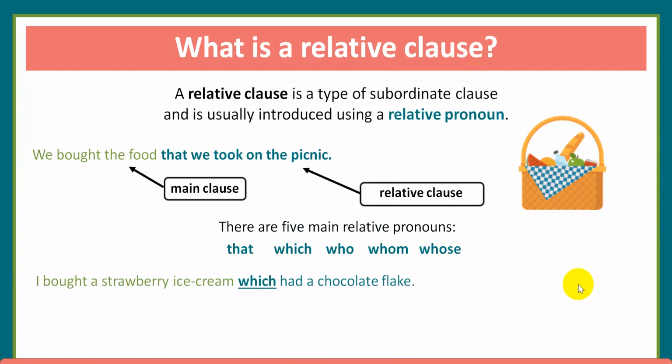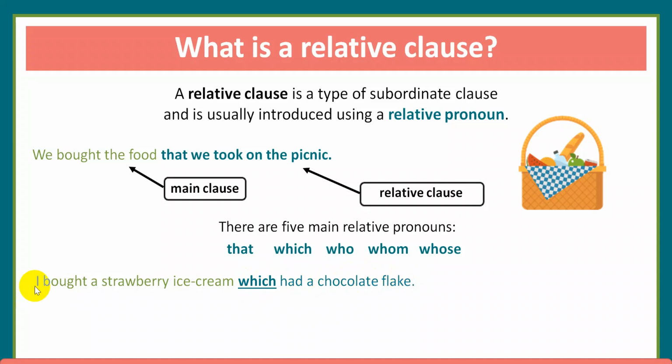Let's take this example. I bought a strawberry ice cream which had a chocolate flake. Where is the relative pronoun here? The word "which". Exactly, that's right. And where is the relative clause? "Which had a chocolate flake."